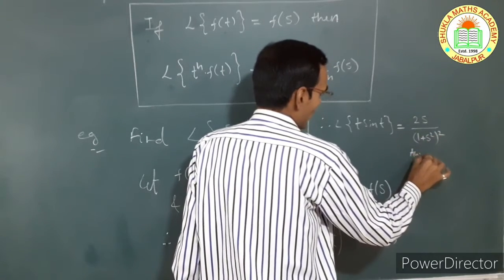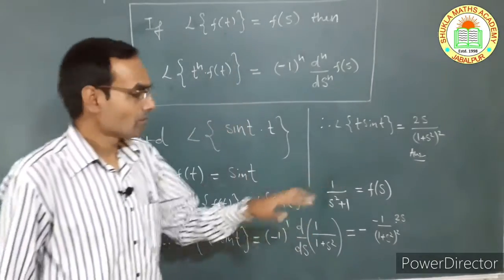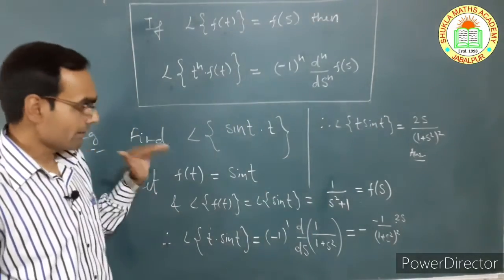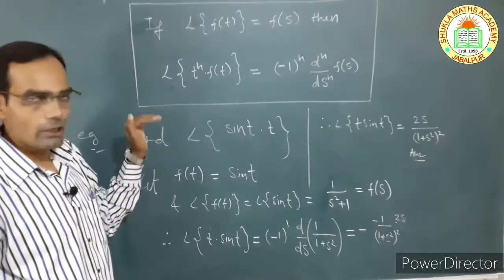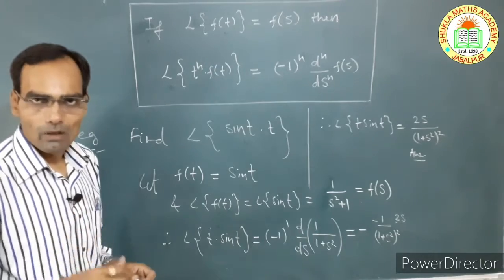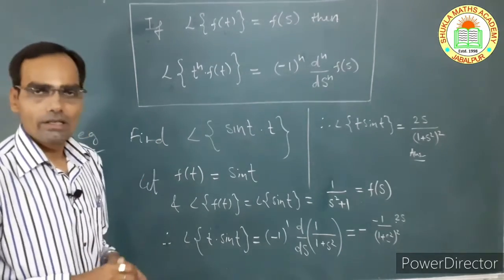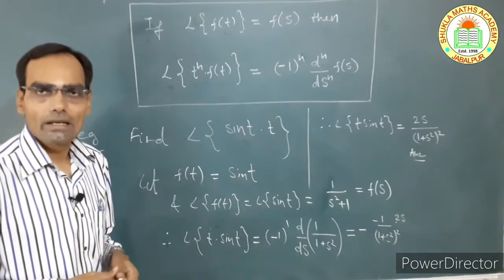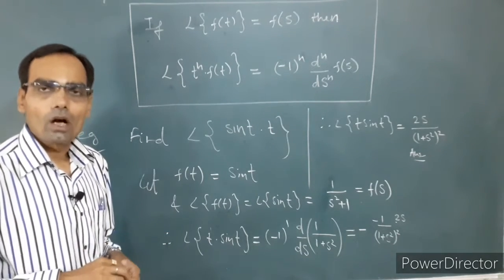That is the required value of the Laplace transform of t into sin t. So that is the basic example of this property, and dear student, you should take more problems based on this property, and if you have any doubt or query, you can send it in the comment box of this video.